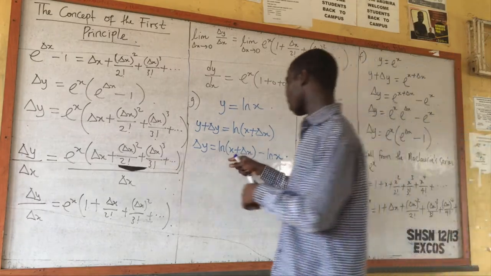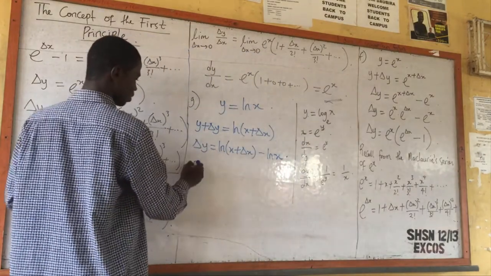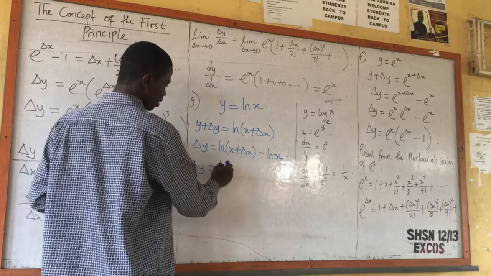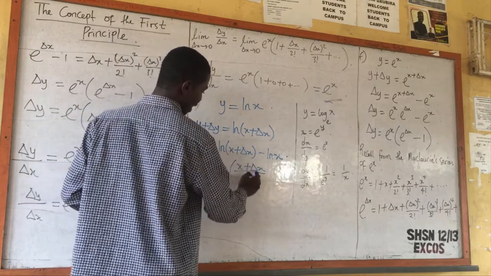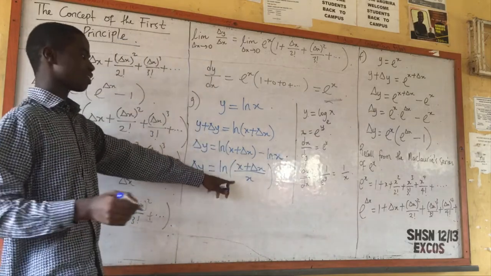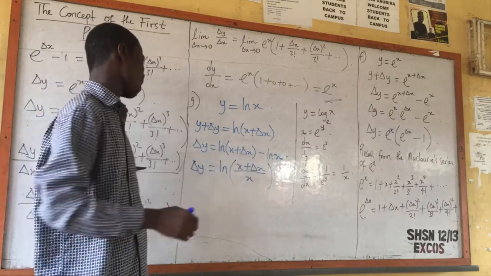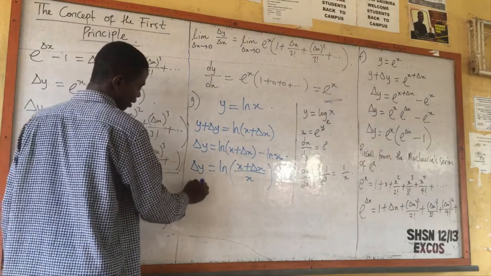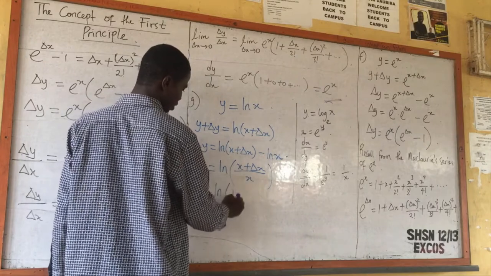And I look at it, okay, log a minus log b. What does that say? This one will give me log a divided by b. Since it's log, it will be ln of s plus delta s all over s. So at the end of the day, I have delta y equal to ln of s over s, which will give me 1.